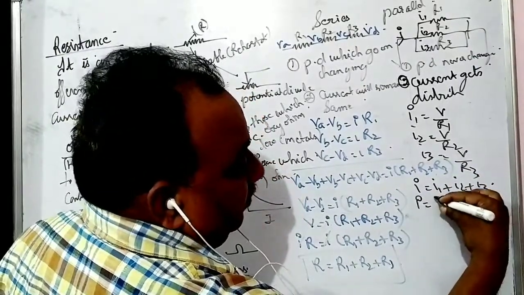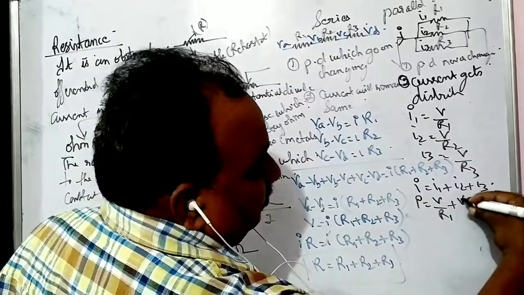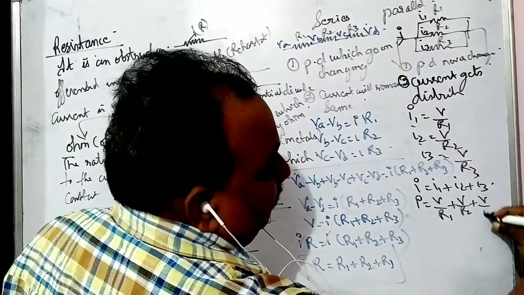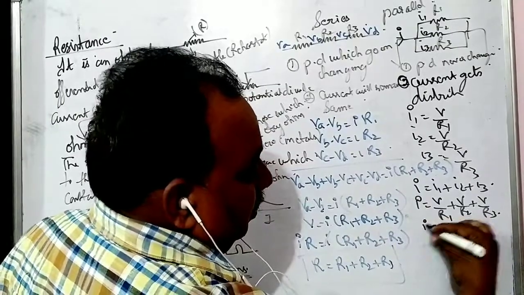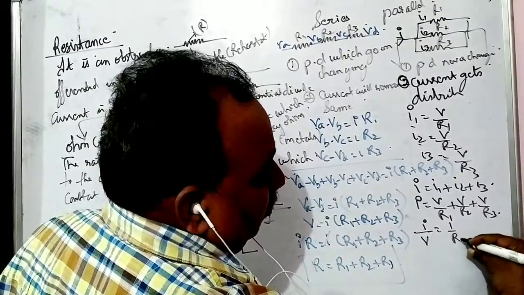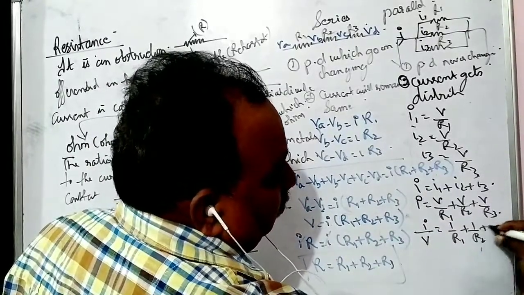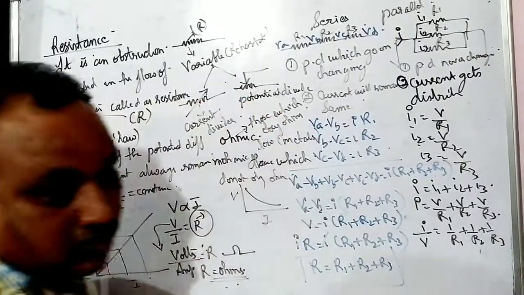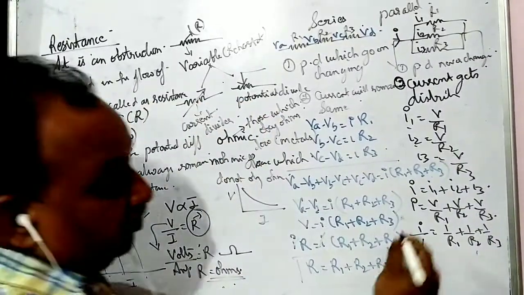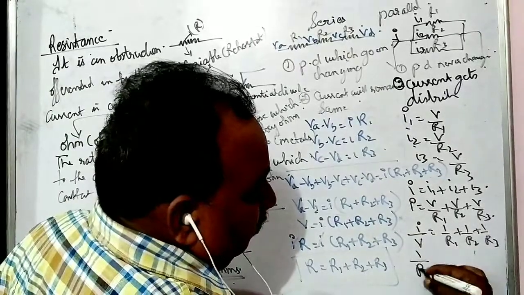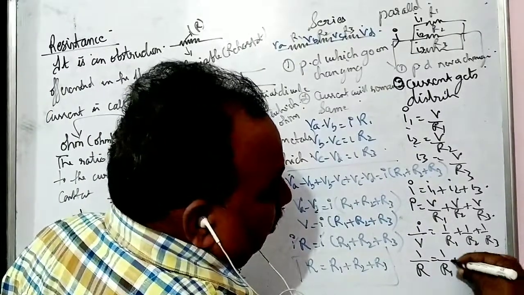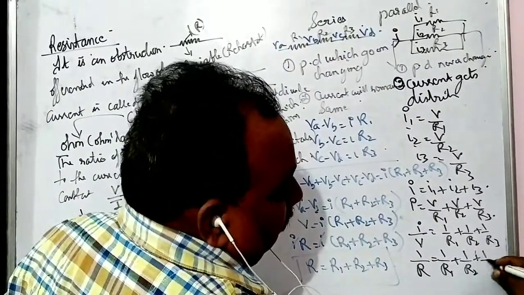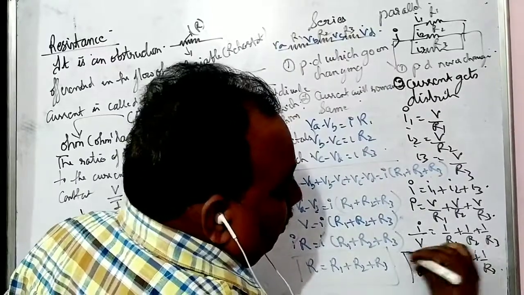So we can say I is V upon R1 plus V upon R2 plus V upon R3. I upon V is equal to 1 upon R1 plus 1 upon R2 plus 1 upon R3. I upon V is known as 1 upon R, so 1 upon R is equal to 1 upon R1 plus 1 upon R2 plus 1 upon R3.